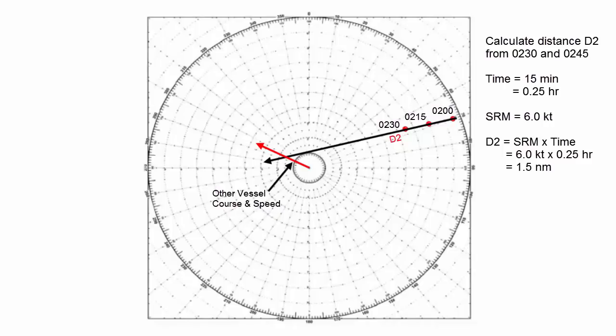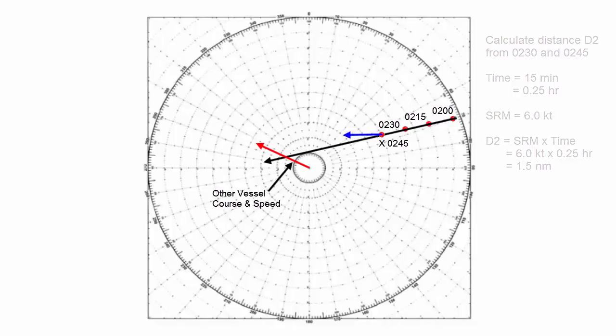This is a time difference of 15 minutes, or 1/4 of an hour, and the distance D2 is calculated as follows. D2 equals 6.0 knots times 0.25 hours equals 1.5 nautical miles. Measure this distance from the 0230 position and mark it as point X and mark the time 0245.